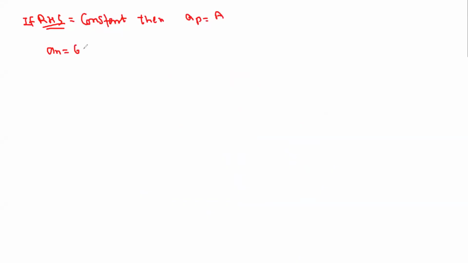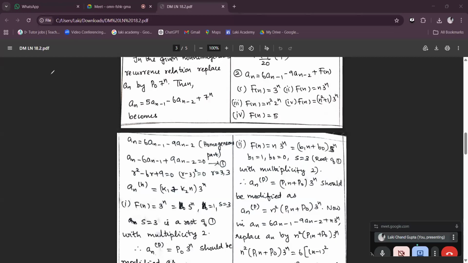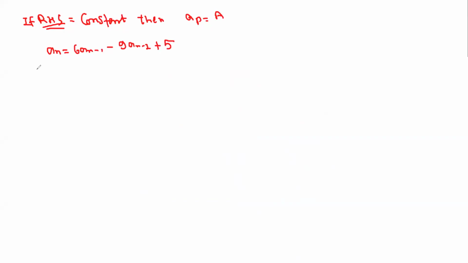Solve this: a n equals 6 a n minus 1. First, you will solve what? Homogeneous. Homogeneous solution. How will you find homogeneous?